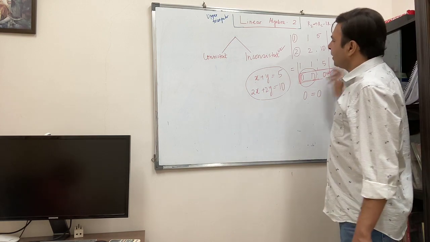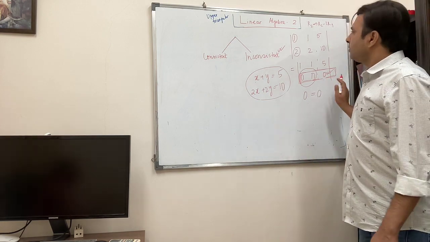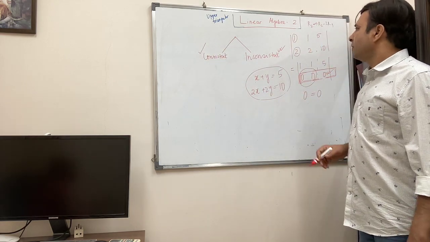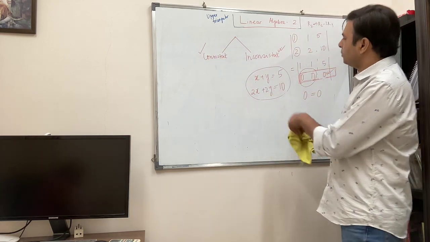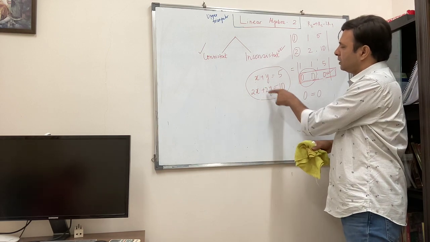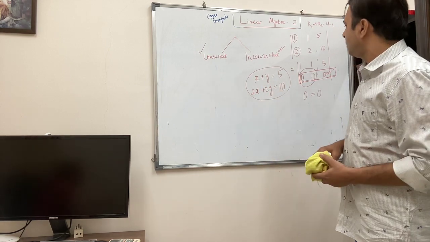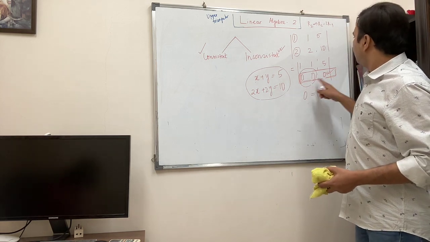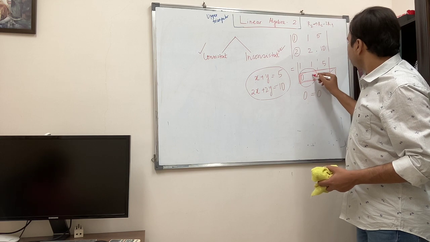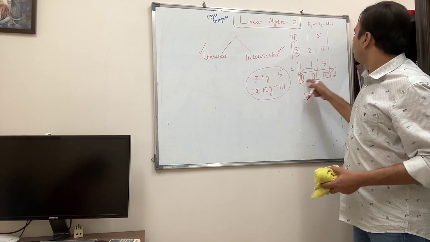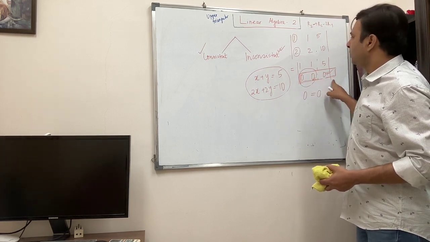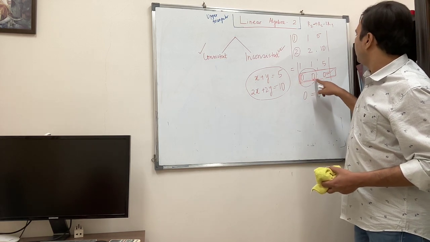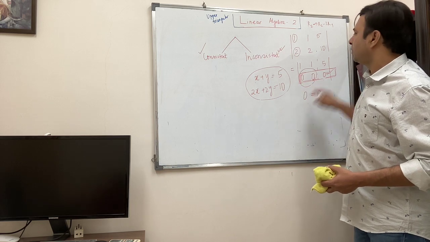So this is fine. This is a consistent equation, but how many solutions are possible? In this case you actually have just one equation. The second equation is nothing but the first equation multiplied by 2, and that is showing up here. It's consistent, but on this line there are no variables. x is multiplied by 0, y is multiplied by 0, all the variables have vanished.